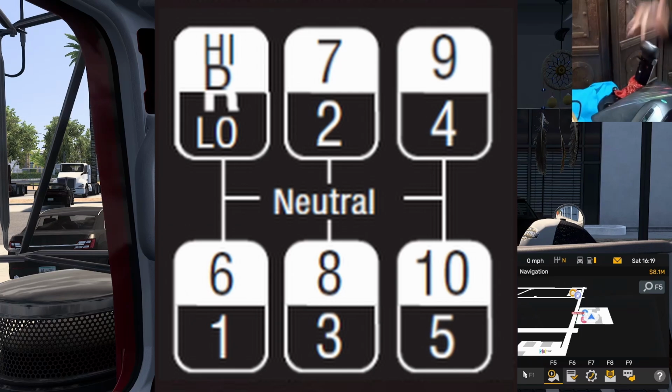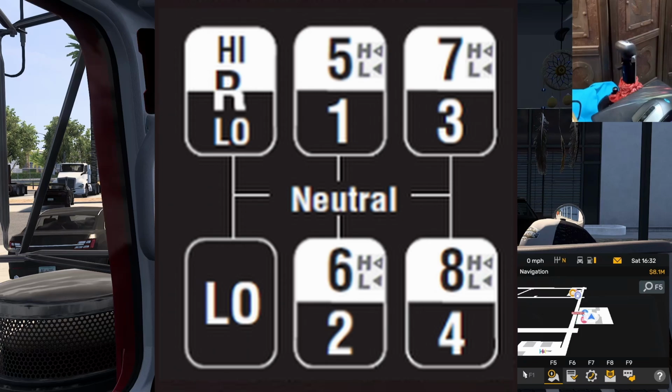And now for 5th, this one goes down, 5, 4, 3, 2, and 1. Okay, and same thing here for reverse. Low reverse, high reverse. Okay, you don't have a splitter. That's for the 10-speed transmission.